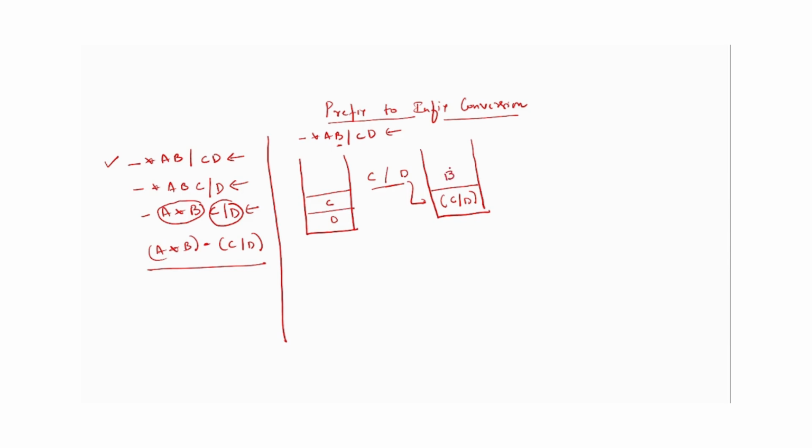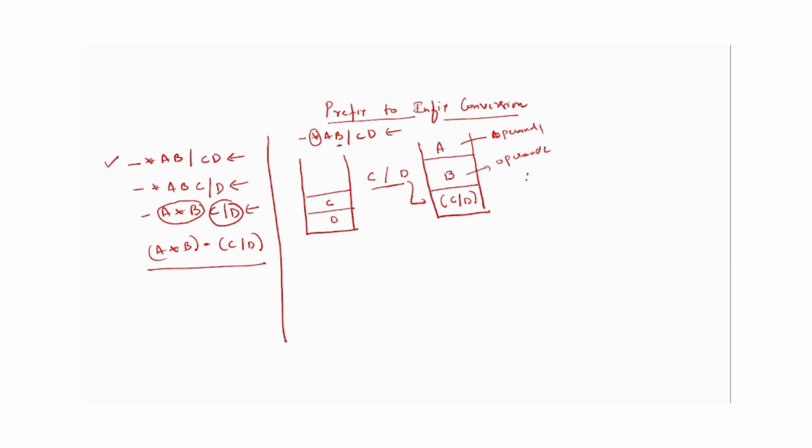We push the operands into the stack till we encounter an operator. I'll push B, and I'll push A. Now we encounter an operator called the multiplication operator. We stop there, and I pop out A, which would be operand 1, and I pop out B, which would be operand 2.